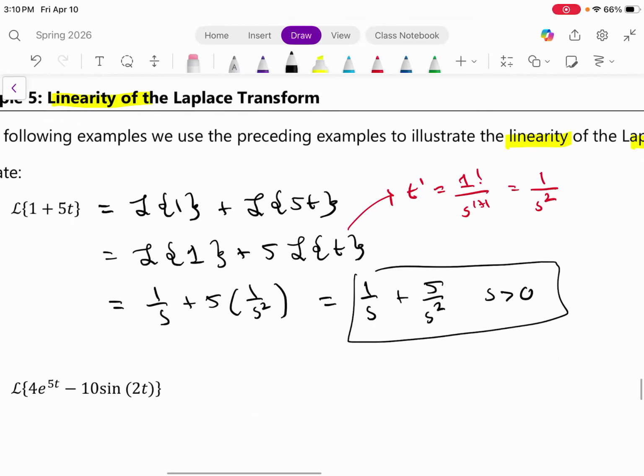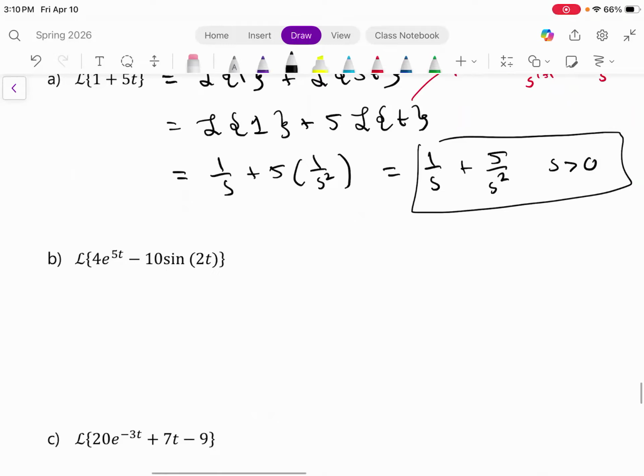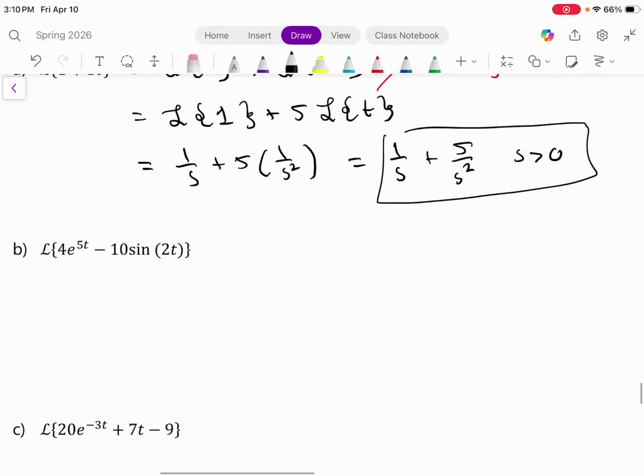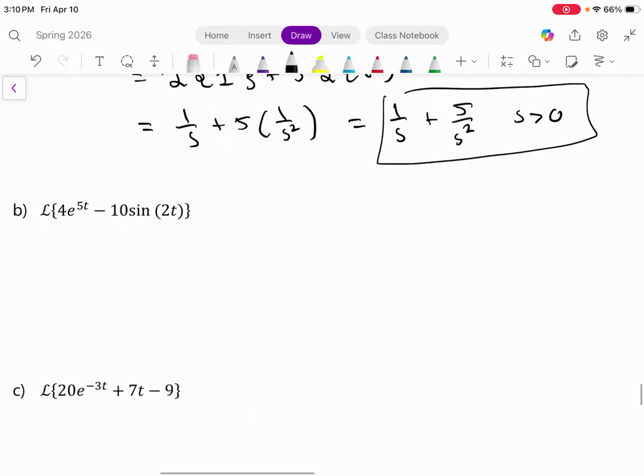So let's go ahead and check out example B now. Laplace of e to the 5t minus 10 sine of 2t. Pretty hard to look at if we try to tackle this in one Laplace, but we can use our linearity principle and split these up.